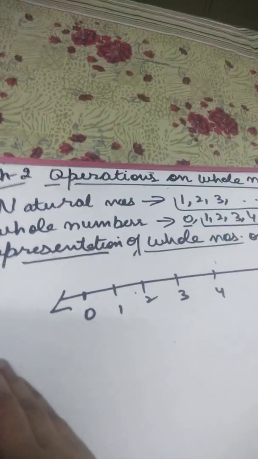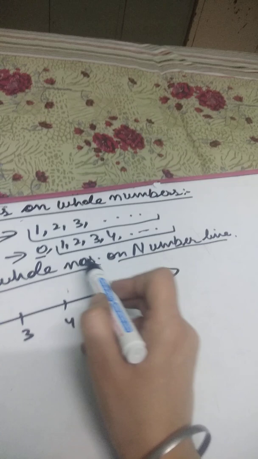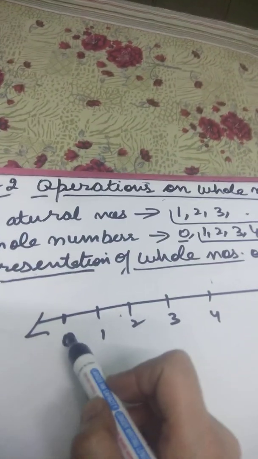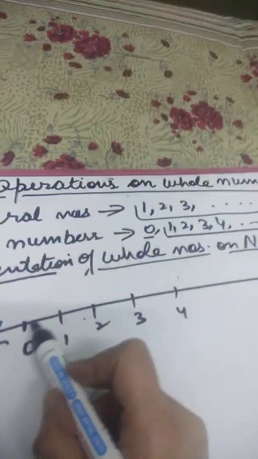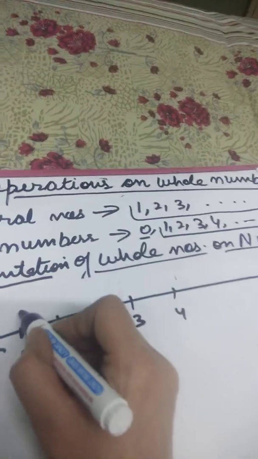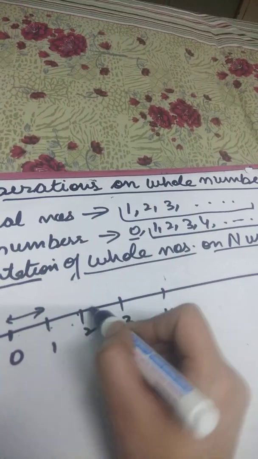After 5 also we have countless numbers on the right side. But because this is the representation of whole numbers, we are beginning it with 0. And equal distance should be there between two numbers.